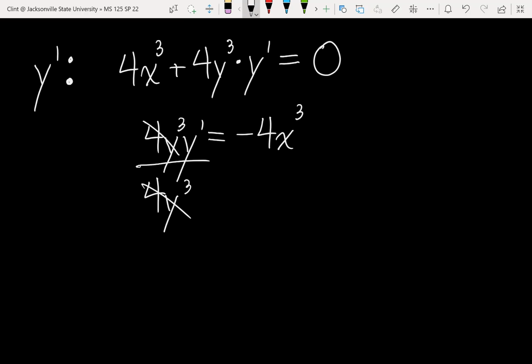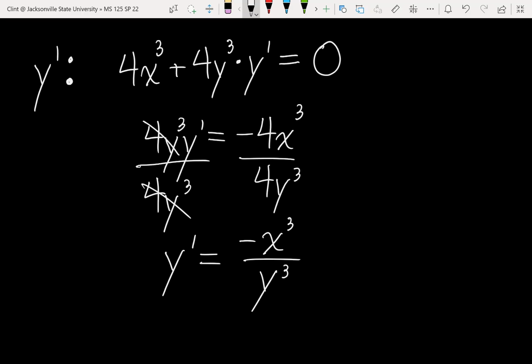The 4's cancel, so we end up with negative x to the third over y to the third. There's our first derivative. So keep track of that.